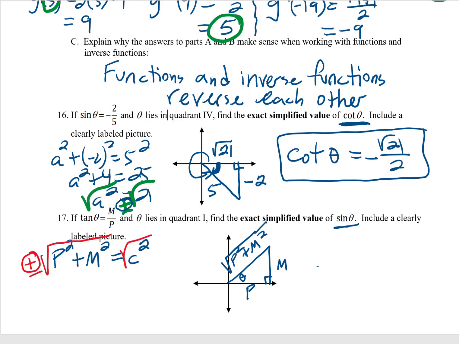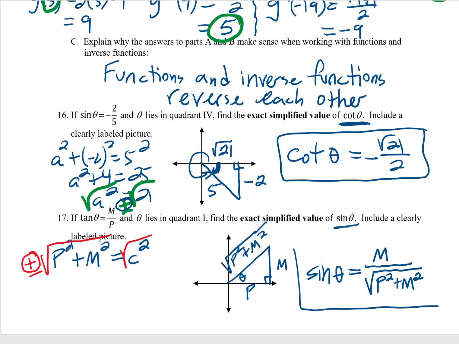Let's see, I want the sine ratio. The sine ratio is opposite over hypotenuse. So m over that big square root. Normally we rationalize our denominators, but that's only really important if you're dealing with numbers. When you're dealing with formulas, there's not really any benefit in doing that. And so this would be considered a simplified final answer.